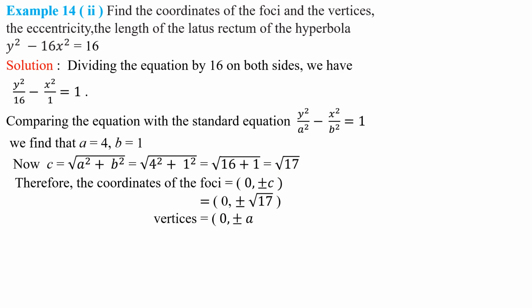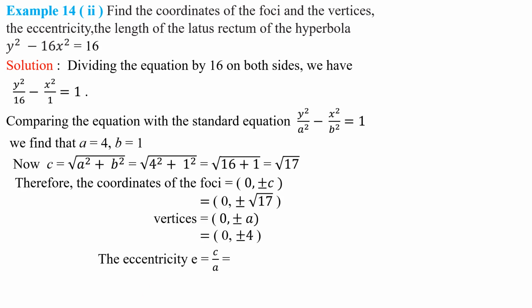Vertices is equal to ordered pair 0, comma plus or minus a. Okay, my children? Right. That is equal to ordered pair 0, comma plus or minus 4, because what is the value of a here? 4. So 0, comma plus or minus 4. Understood this step, my children? Right.